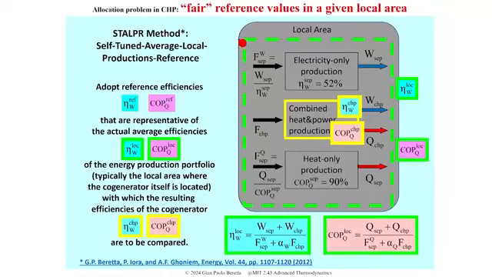Suppose this local authority has to decide what reference efficiencies to set. What criterion should they use?